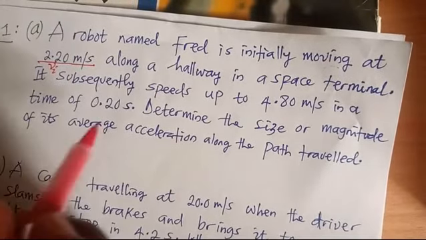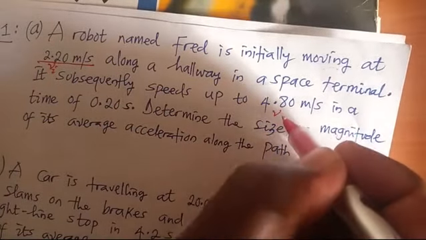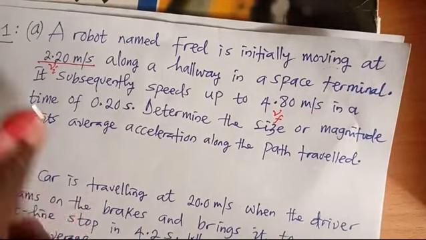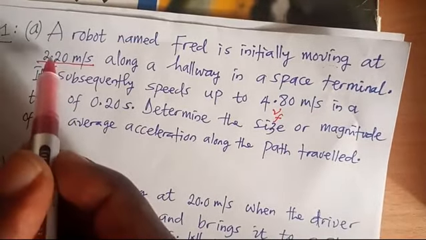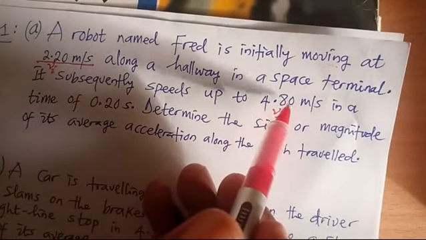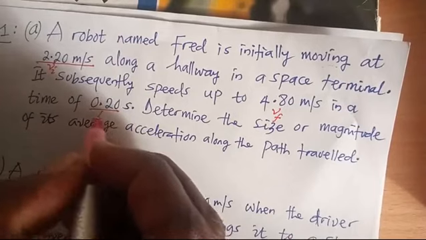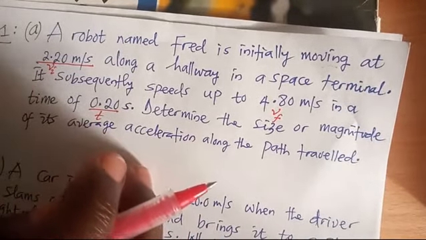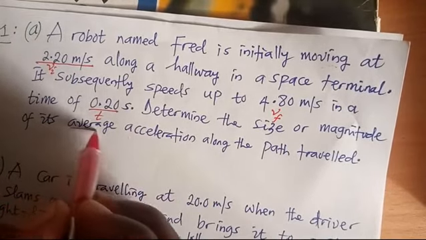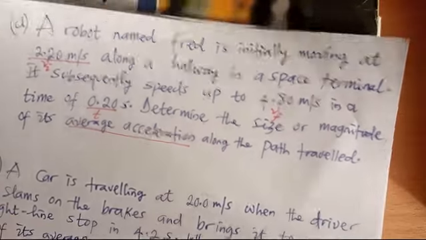Then it subsequently speeds up to this, our final velocity, v sub f, and the time it takes for the velocity to change from this value to this value is our time t. Now the question is, how can we calculate our average acceleration? Our average acceleration is our target variable. Let's see that quickly.